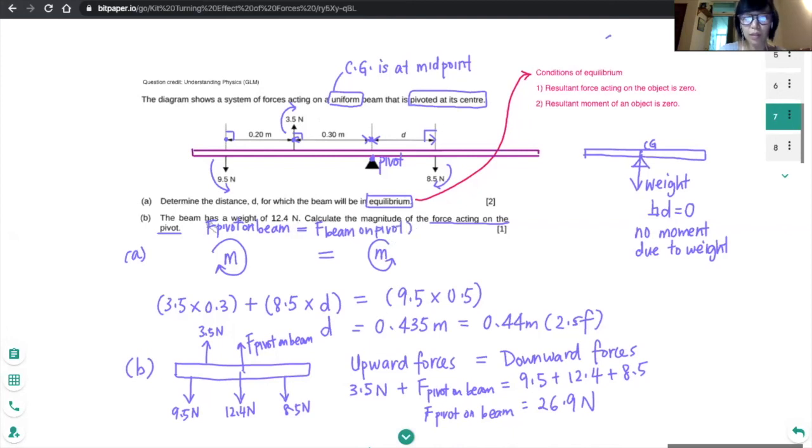That's how it's related. Since the force exerted by the pivot on the beam is 26.9 Newton, the force exerted by the beam on the pivot is also 26.9 Newton. This too is the concept of using Newton's third law.